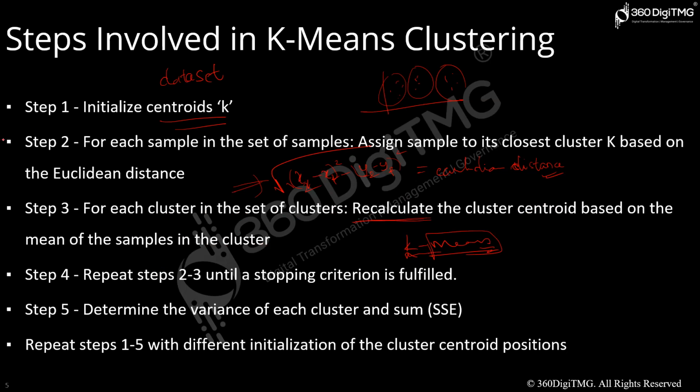So we have to repeat step 2 and step 3 until a stopping criteria is fulfilled. Then next is to determine the variance of each cluster and sum, that is SSE, sum of squared errors.